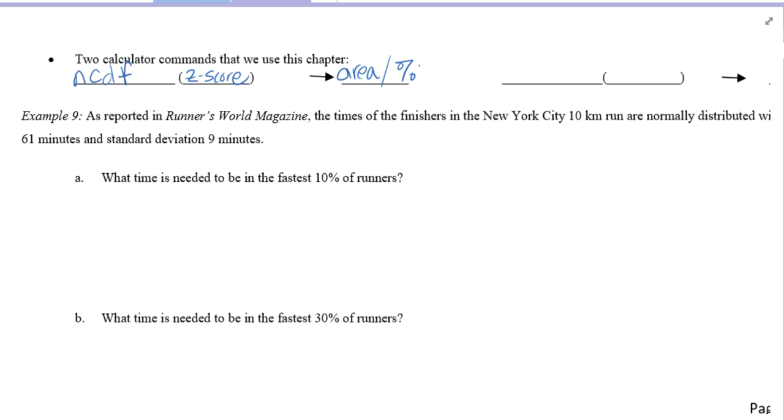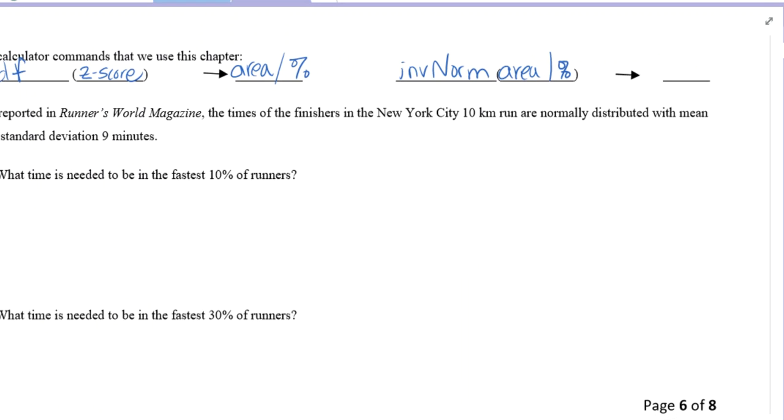The other calculator command that we're going to start using is called inverse norm. Mathematically, when we talk about an inverse, we're doing the opposite. So inverse norm is going to take the area under the curve, or the percent, and put out the z-score.